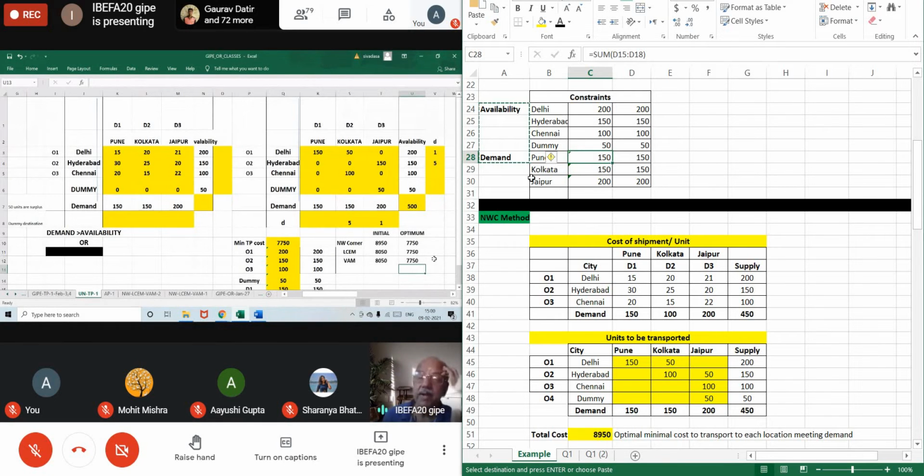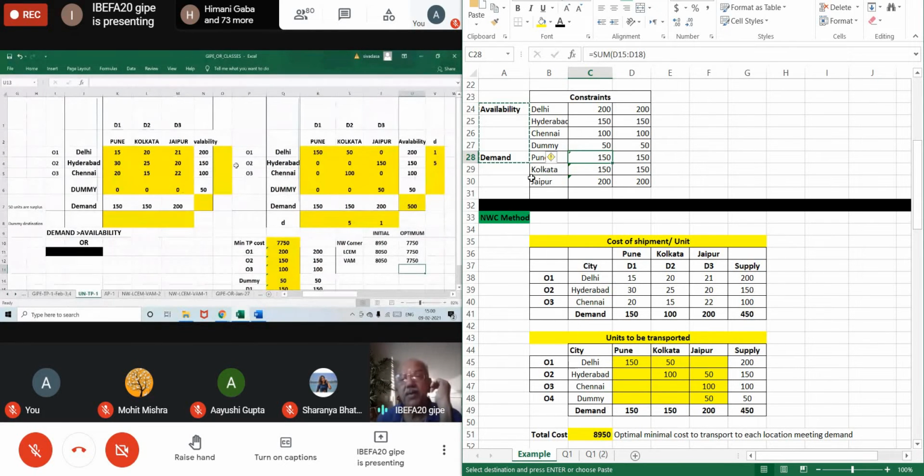So what I have done here, I just applied my usual procedure of northwest corner method, least cost entry method and VAM on the balanced transportation problem. The original problem was an unbalanced transportation problem.